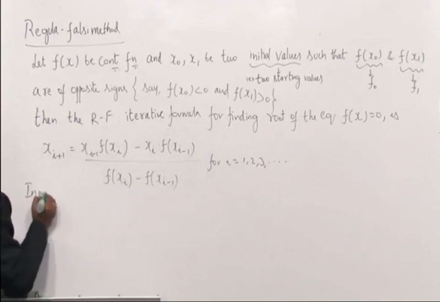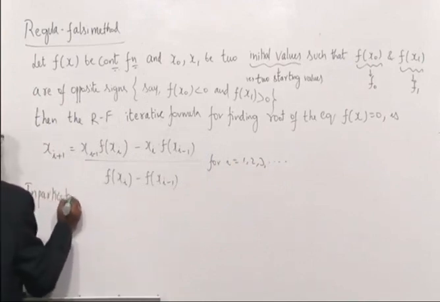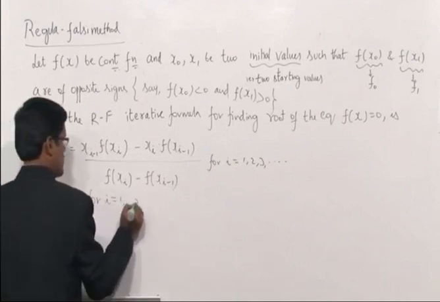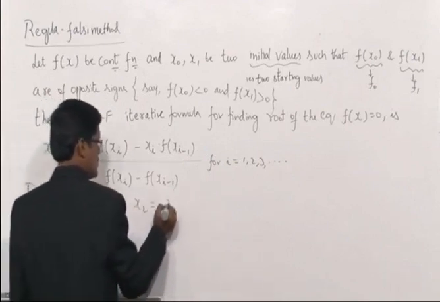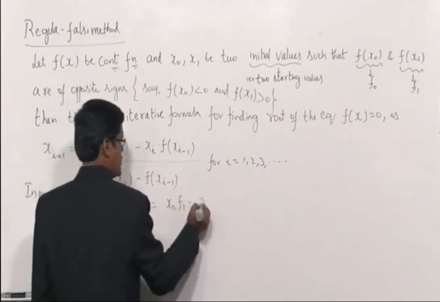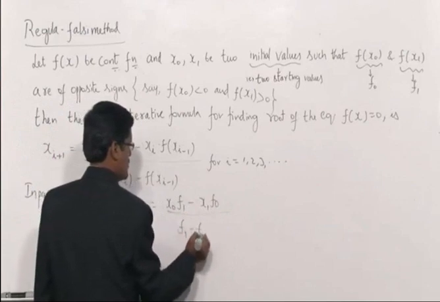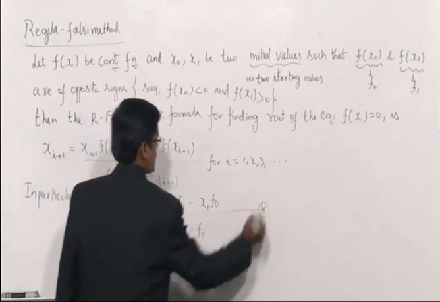In particular, for i = 1, x2 = (x0 f1 - x1 f0) / (f1 - f0), say star.